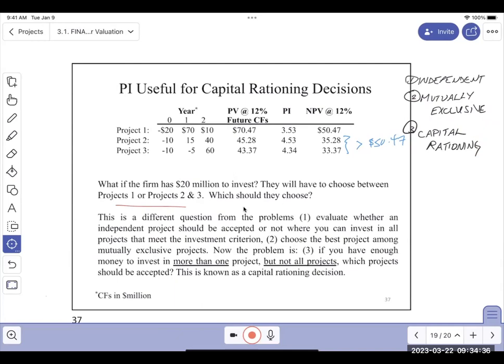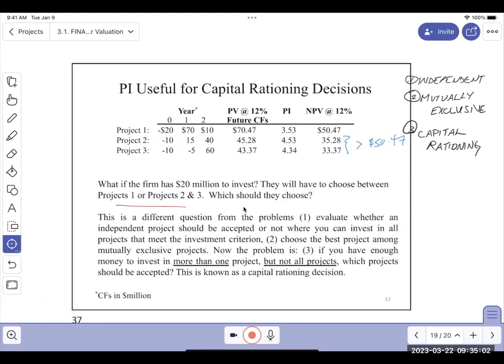So here's an example. I have this information here, with the initial investment for project 1 being $20 million. These are in millions of dollars. And projects 2 and 3 also are $20 million, but they're 2 projects.